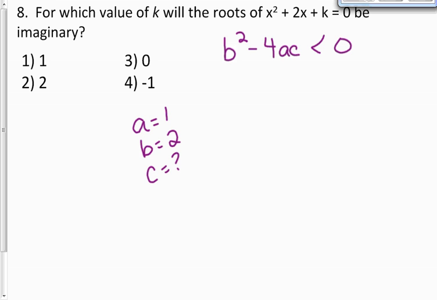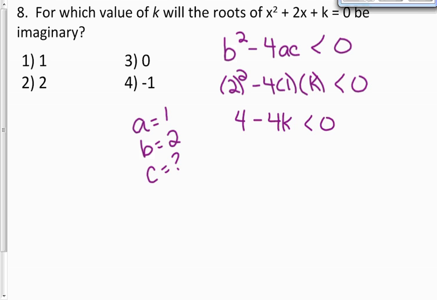So 2 squared minus 4 times 1 times k has to be less than 0. So 4 minus 4k will be less than 0. Let's move that 4k over and divide by 4. So 1 has to be less than k, which means k has to be greater than 1. So the only choice out of these choices they gave me in which k is greater than 1 is choice 2.